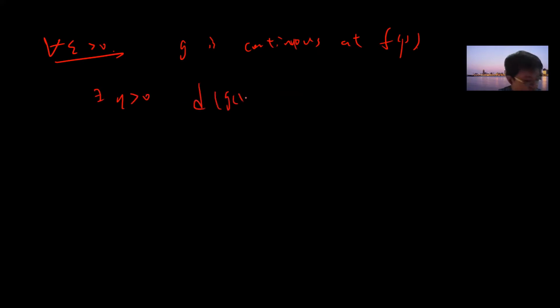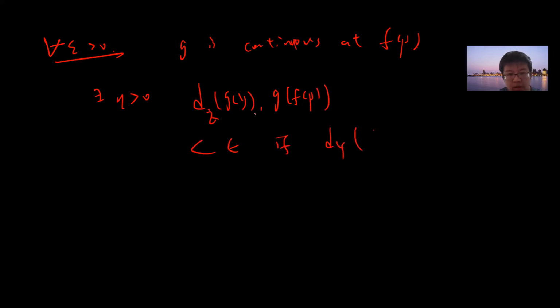So we know that g is continuous at f of p. And there is this eta greater than 0, such that the distance between g of y and g of f of p, in z, is less than epsilon if d of y and f of p is less than eta, where y belongs to f of e.